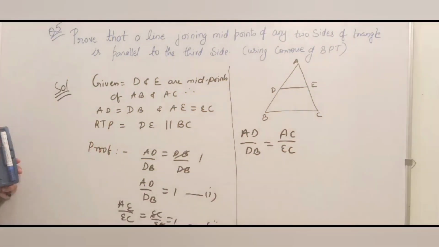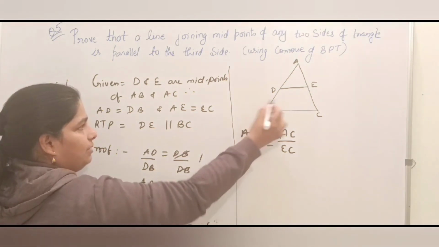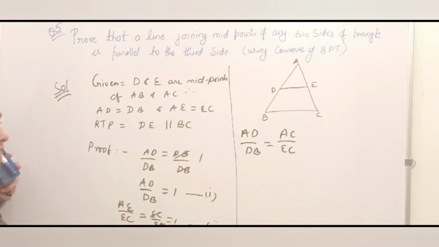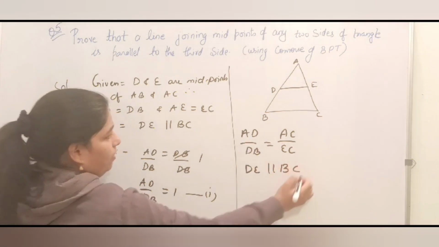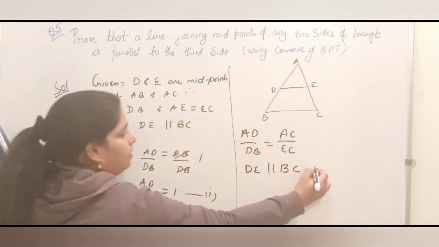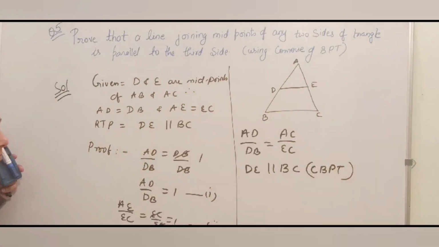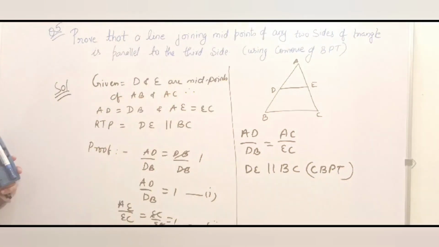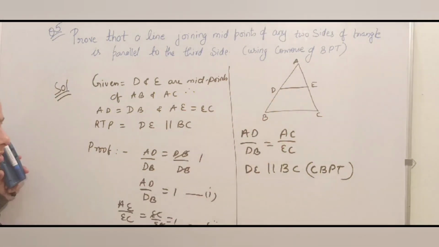When the ratios are equal, then the line formed in this triangle is parallel to the third side. Then we can say that DE is parallel to BC by using the converse of BPT. Okay? So, what we were asked to prove is that when the midpoints of two sides are joined, then the line formed by joining these midpoints is parallel to the third side.